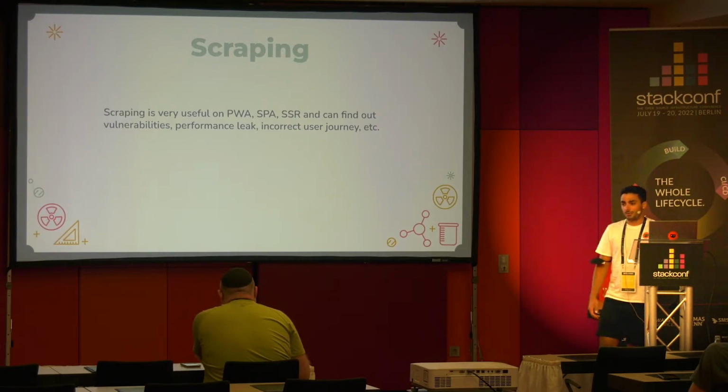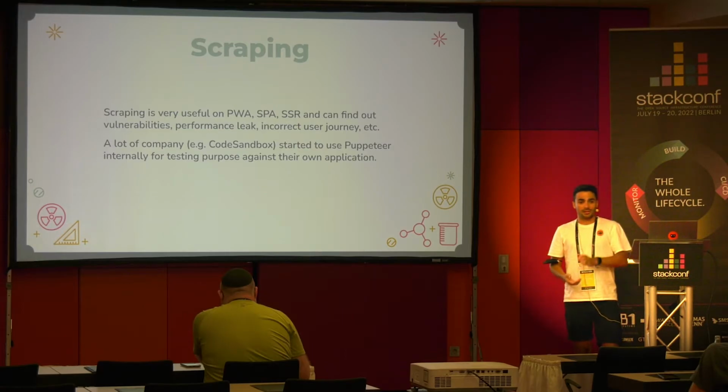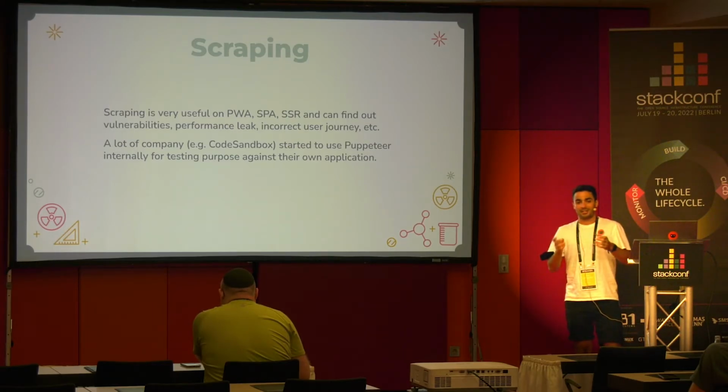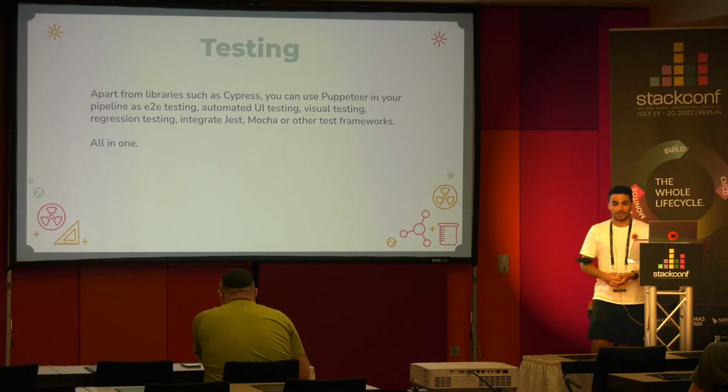But for testing purposes, it's really useful. Just a point: CodeSandbox started to use Puppeteer for testing purposes because they were scraping their own application just to find something that was wrong, some bugs, some features that went wrong, and so on. So it's really useful. Of course, we can use it for testing.